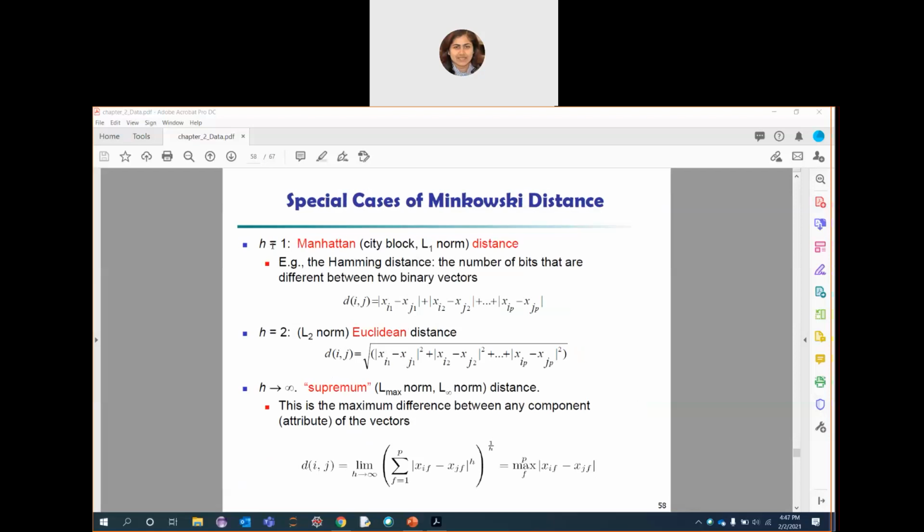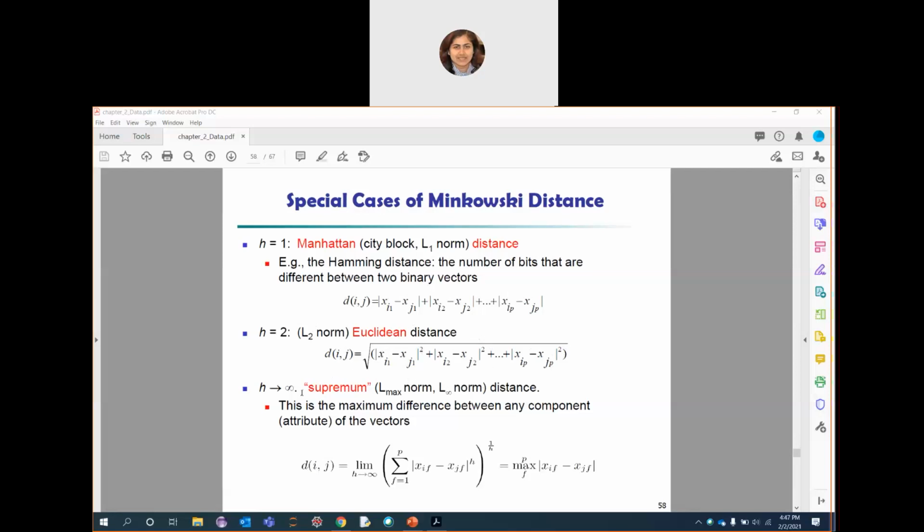If the h value is equal to 1, that becomes your Manhattan distance, and this is the formula. If the h value is 2, this is your L2 norm, and you can see the power of 2 here. The values are normalized and there is a power of 2.